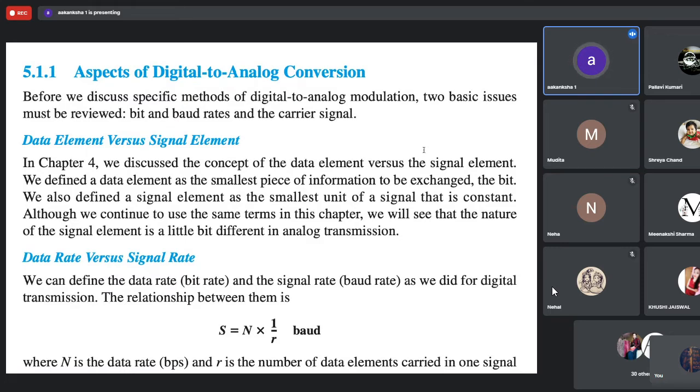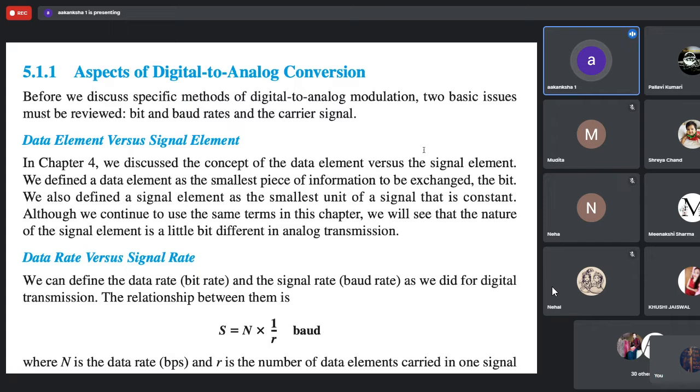One is bit and another is baud. So bit rate and baud rate. We'll be assessing how much bit rate, data rate or signal rate we can achieve, and depending on that we'll say this technique is better than the others. These are the basic issues and terms we'll be comparing while discussing all these techniques.